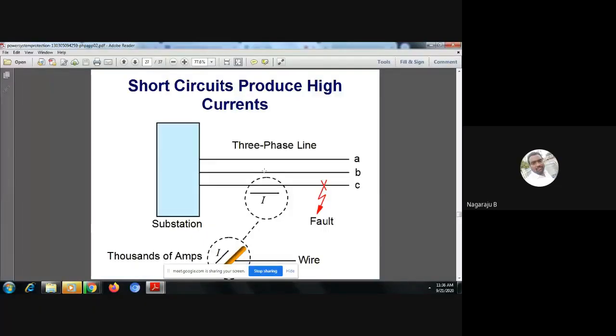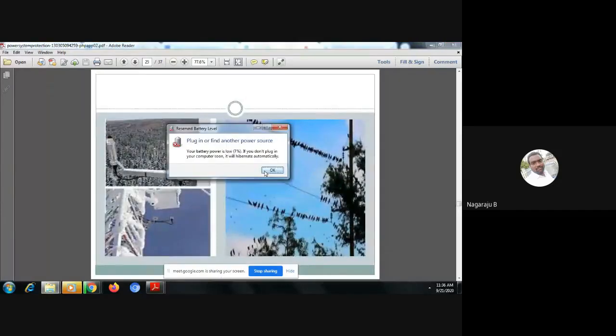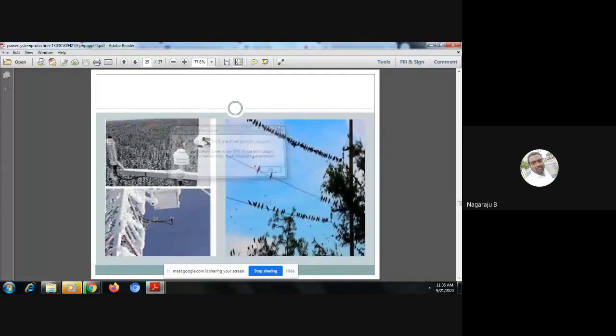If you are using a three phase fault, sorry, my battery is going too low, I will connect through my phone. Just wait. I am disconnecting this.